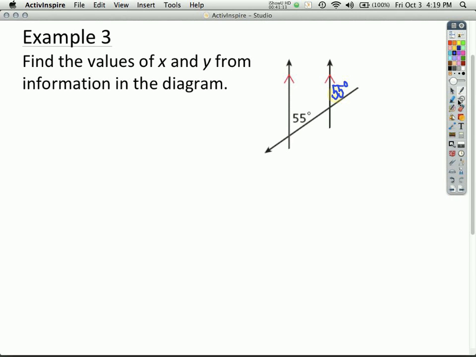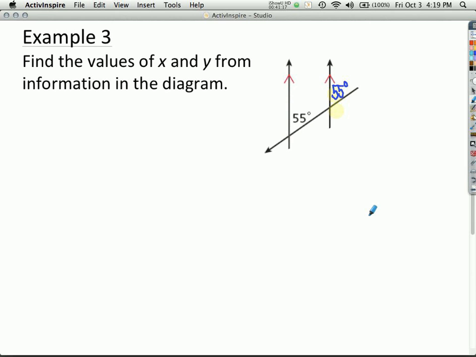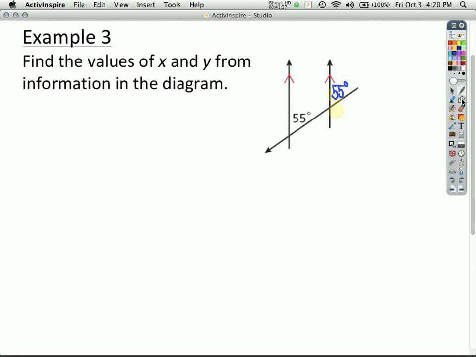What's this angle right there? Use your calculator if you have to. Alexander? 125.